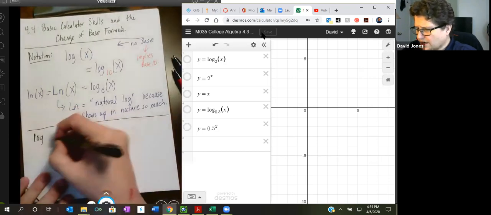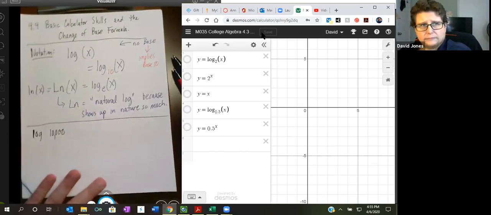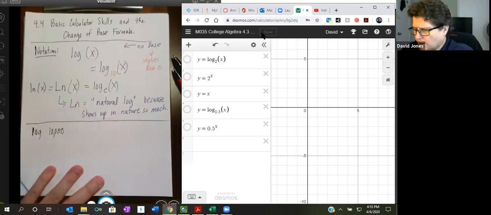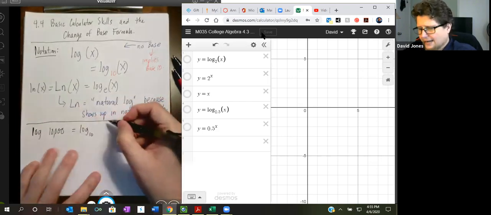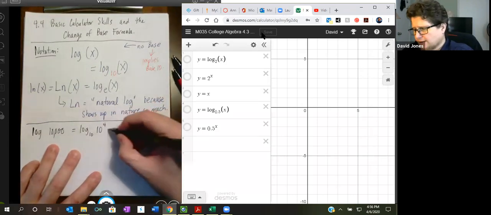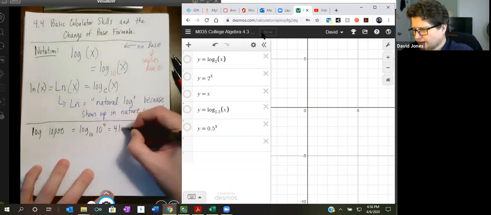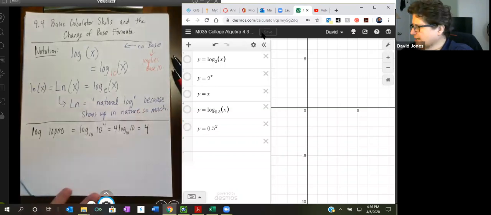So what does log of 10,000 equal? Well, this is log base 10, and I can rewrite 10,000 as 10 to the 4th power. The 4 can come out, and log base b of b is 1. So log of 10,000 is 4.